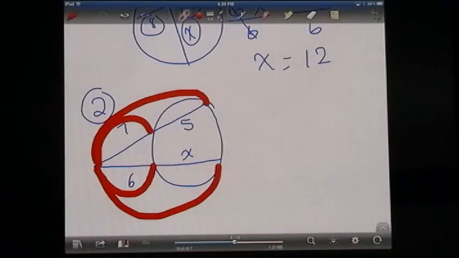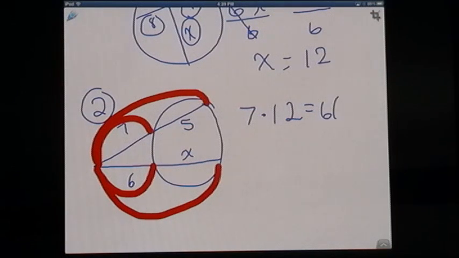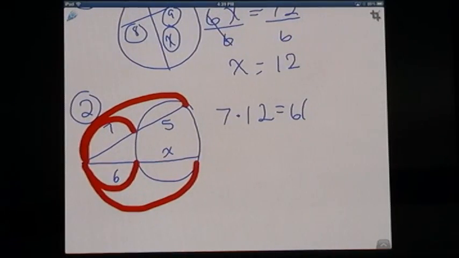So that would be 7 times, the whole thing is 7 plus 5, or 12, is equal to 6 times, now this one is going to be a little bit different, 6 plus x. Okay, so 7 times 12 is 84.